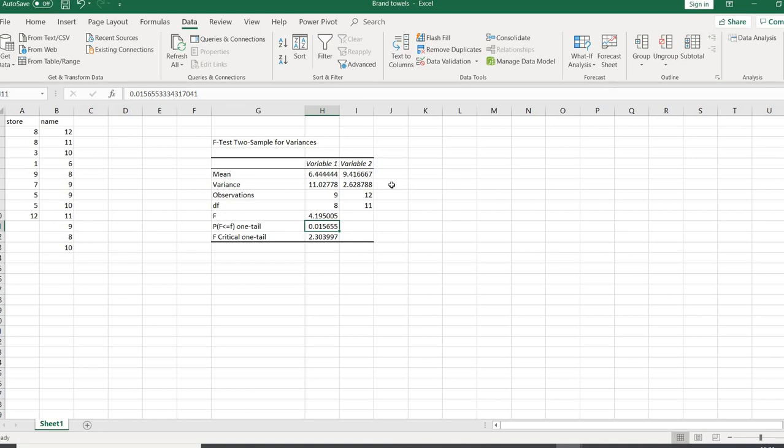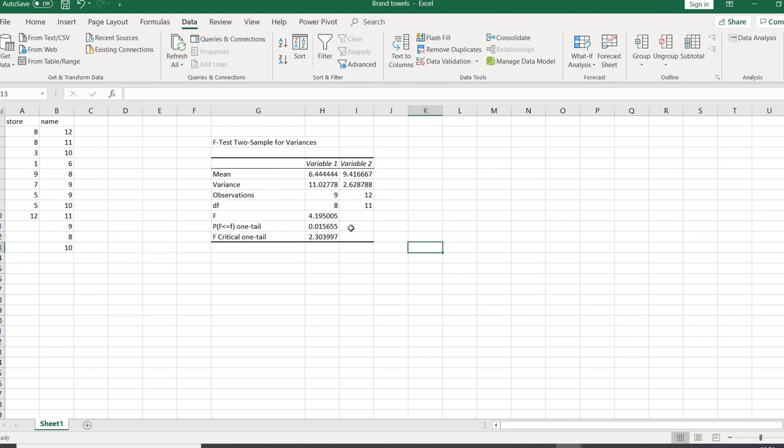In other words, the two variances of these two samples are not equal. So now, guys, that is how you can arrive at and find the true test you will apply in this case.